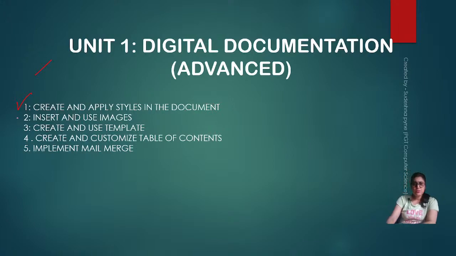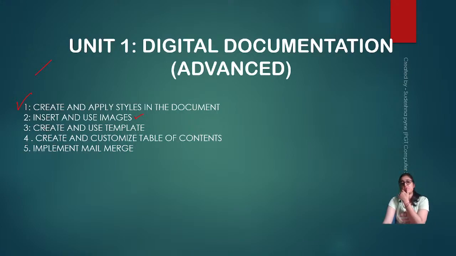First we have to know how to implement a style in a document, how to apply different kinds of style, how to create our customized styles, how to modify a predefined style, what is style, and what other features we can use.